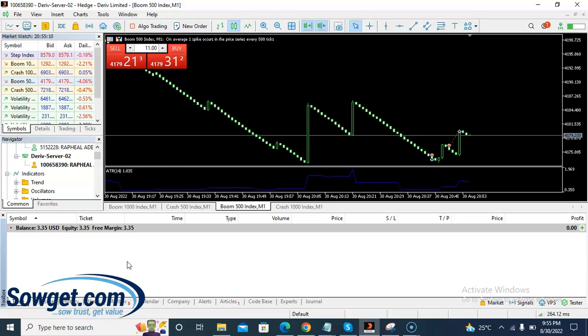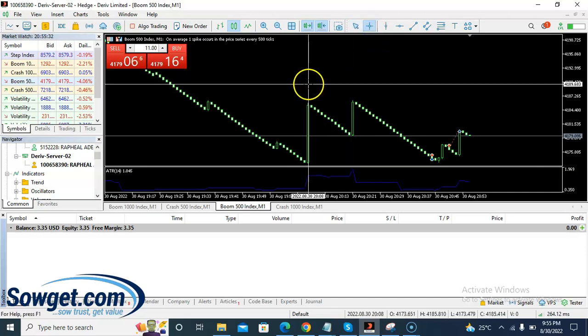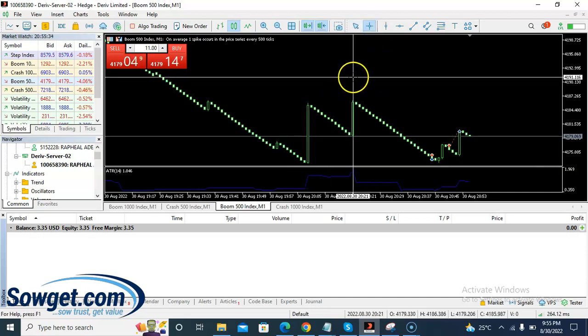Assuming we're on a trade, your trailing stop will not be honored. That's just what happens on Boom and Crash. Your trailing stop and your stop loss will not be honored. So make sure you do your due diligence and make the right analysis before entering any trade, because a spike can occur at any point in time and your entire capital may be at risk.